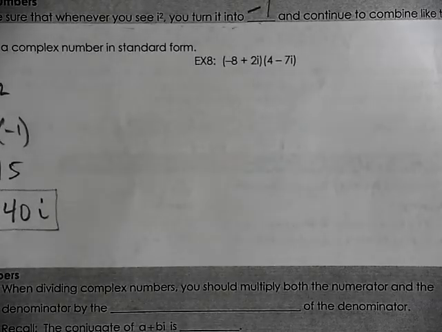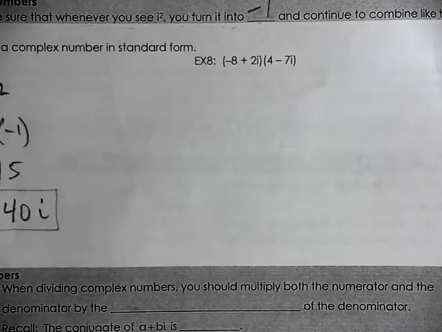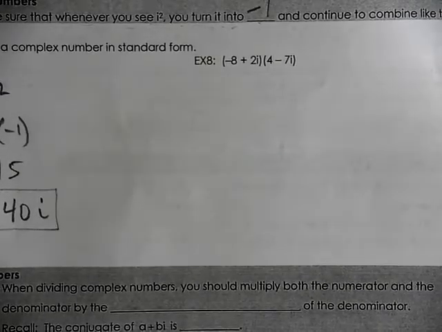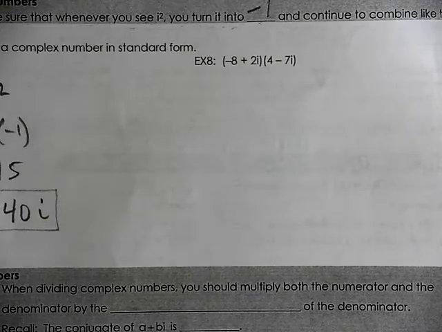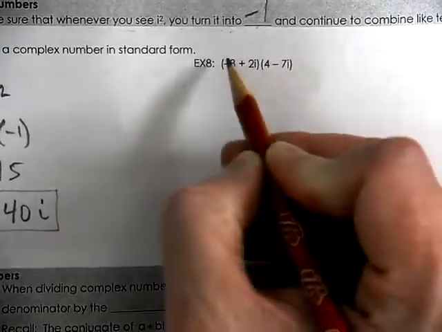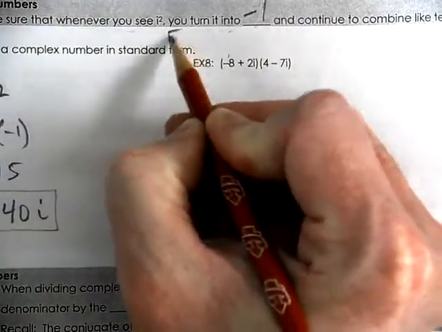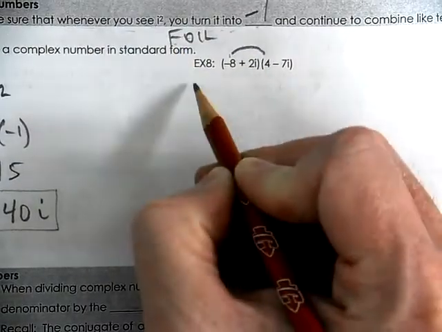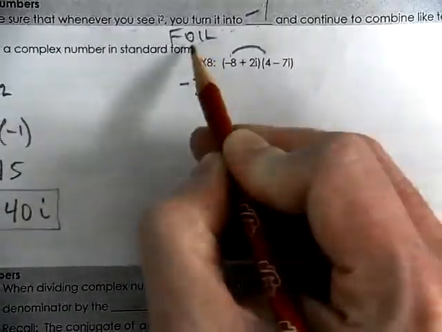All right, our next question. What are the hints that we see and how should we handle this problem? This is multiplication. We have two sets of parentheses, so we have two binomials. We're multiplying two binomials, so that means we're going to use FOIL. We're going to multiply the front, which is the F, which is -32.